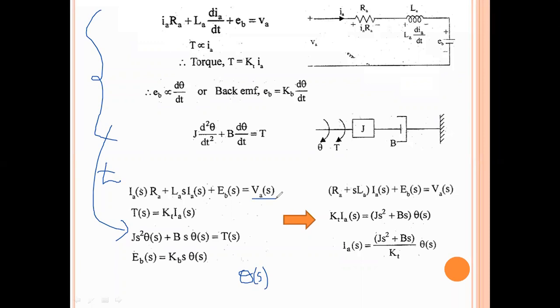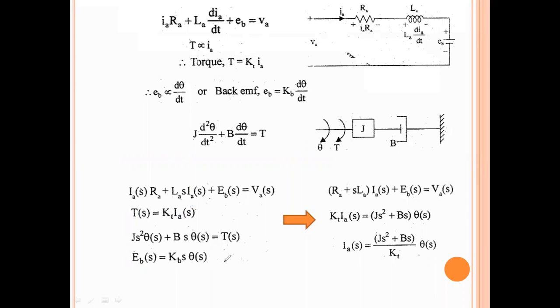Input is VA of S. So we have to convert and simplify all these equations in terms of VA of S and theta of S only. We don't need this torque expression, we don't need this IA expression, we don't need this EB expression. We need to eliminate all these terms, and we have to simplify these equations in order to get the transfer function. How will we do it?